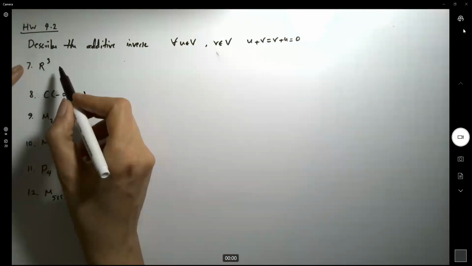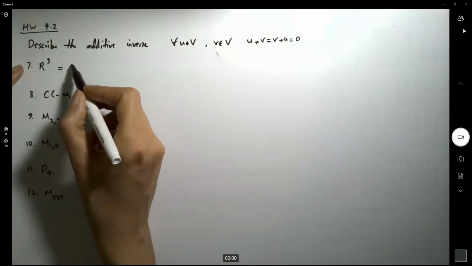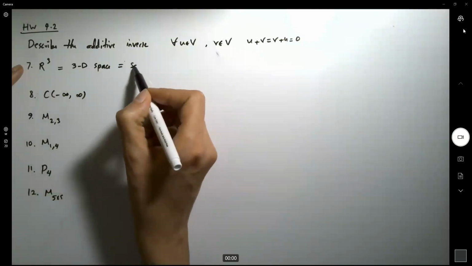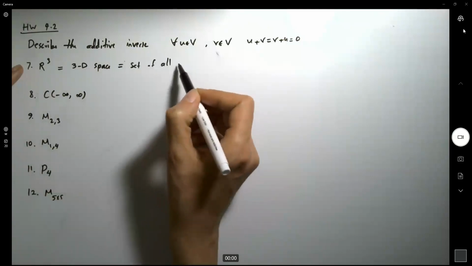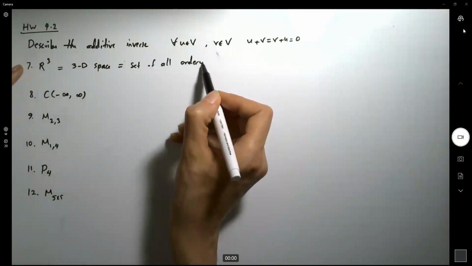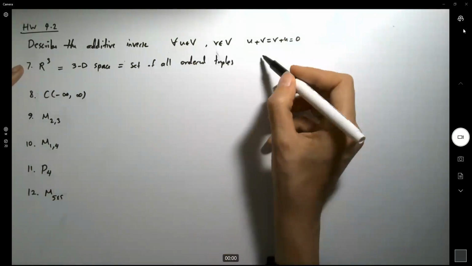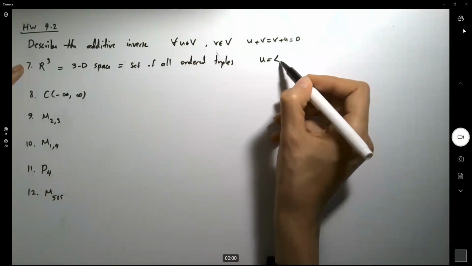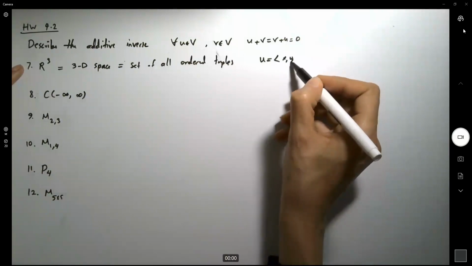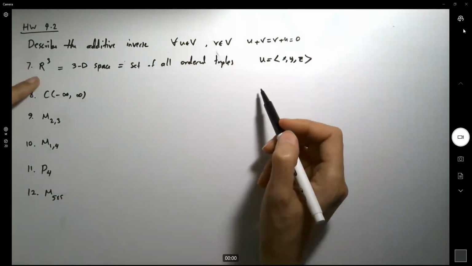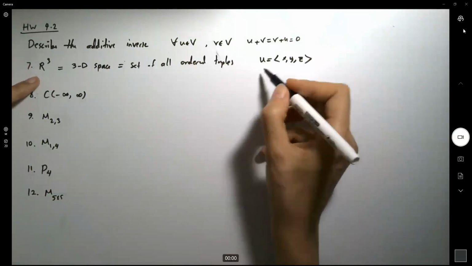So as you know, R cubed is three-dimensional space, or the set of all ordered tuples. So suppose U is equal to X, Y, and Z. This is, for example, a vector in your vector space.